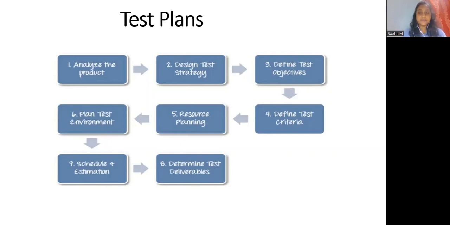So the next is define test criteria. It is a rule on which a test procedure is based. There are two types of test criteria: one is suspension and one is exit criteria. Suspension means that during testing, the test cycle will be suspended until the criteria are resolved.